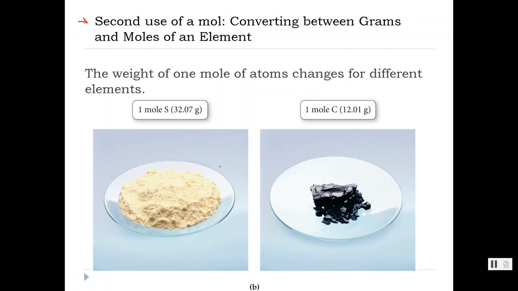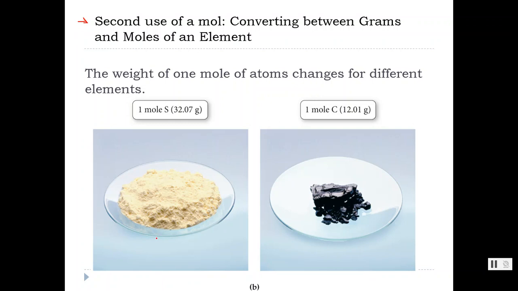On the slide, I have two examples of substances, both of which equal 1 mole. I've got some powdered sulfur here, pretty stinky, and I have some carbon. Both of these pictures show 1 mole of those atoms.